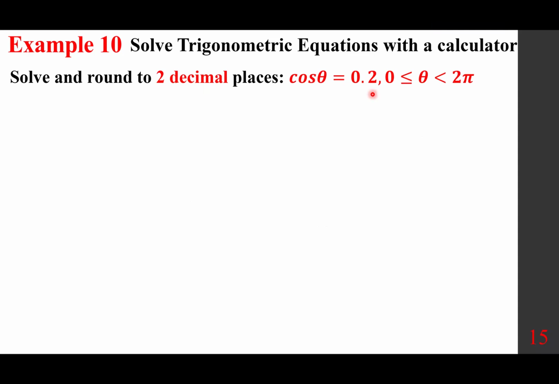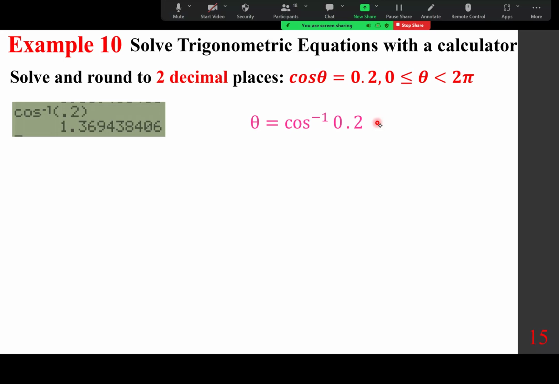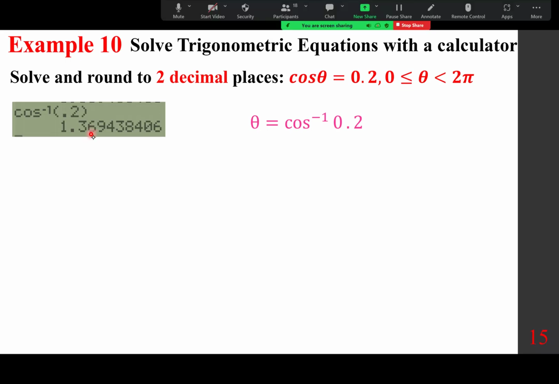So if cosine theta is 0.2, theta is cosine inverse of 0.2. We write it in this fashion. We put it into a calculator. And it gives us 1.3, and they said 2 decimals, so 6. Next to it is 9, so 1.37 radians.